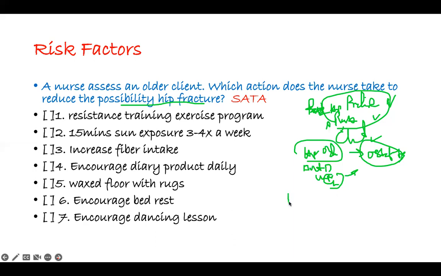So what do they need? You give them bisphosphonates. This is pharmacology, alendronate. You don't even have to know the actual name, look for "dronate." Every time they give you a medication called dronate, it's a medication that prevents bone resorption. It prevents osteoporosis.